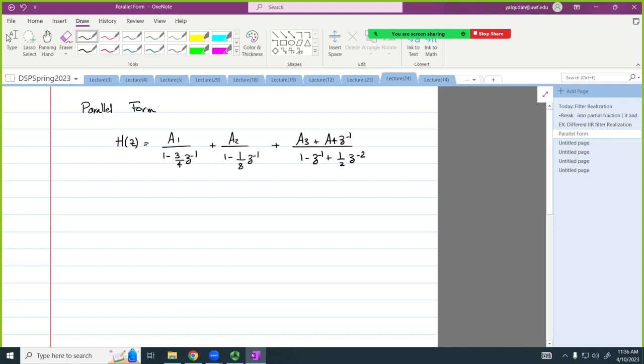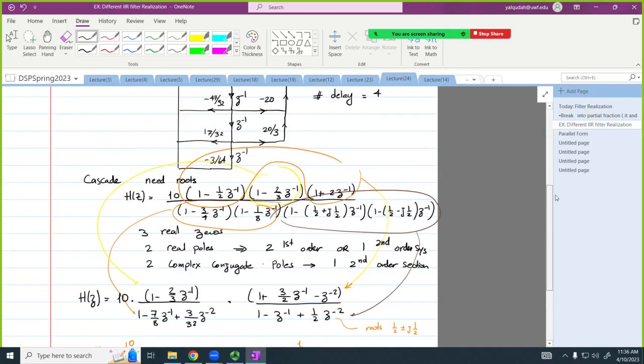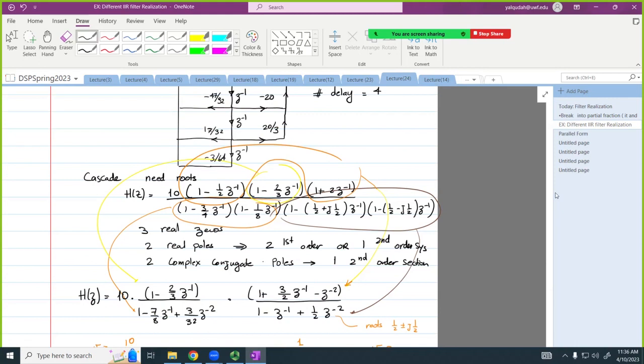Together? Everybody? So looking here at H of z, we expanded this term. Since these are complex roots, we fit them together and expand them as a second order term.